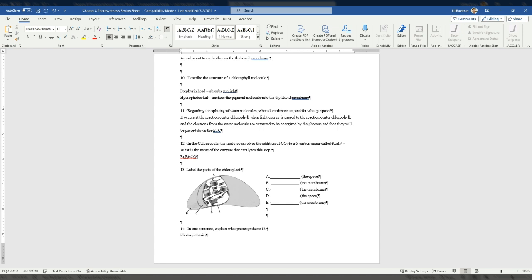Photosynthesis is the process by which energy from sunlight is transferred and transformed into energy in the bonds of organic compounds such as glucose.